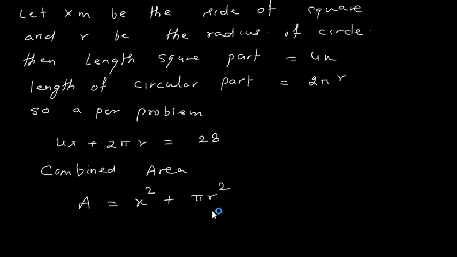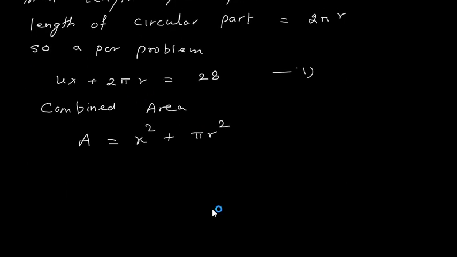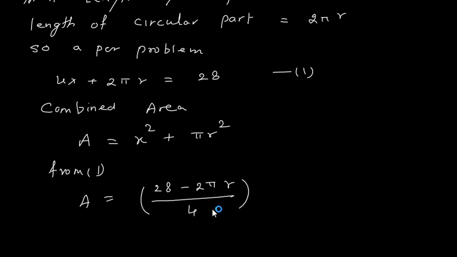Now from this equation 1, I can convert x in terms of r, or I can convert r in terms of x. Let us convert x in terms of r. So from 1, this area in terms of x square: x is 28 minus 2 pi r whole divided by 4, the whole square, plus pi r square.